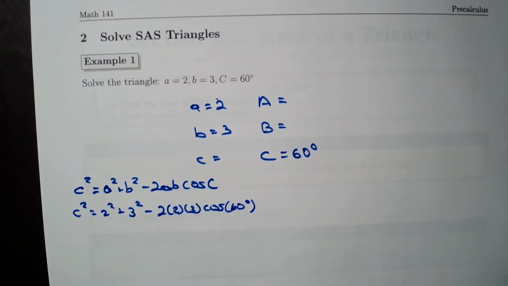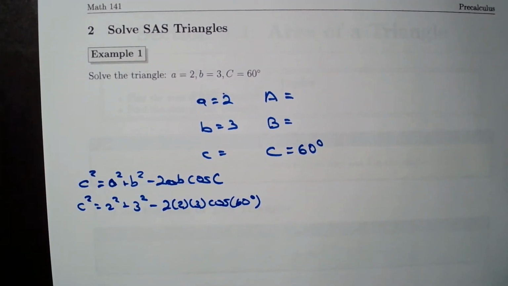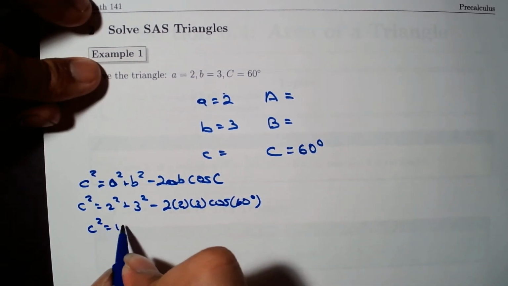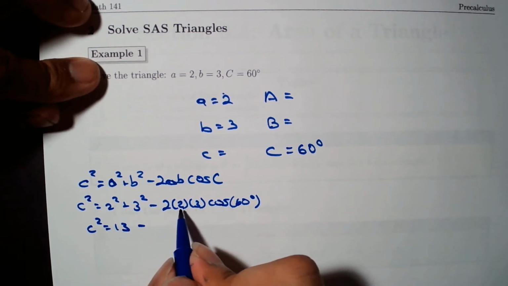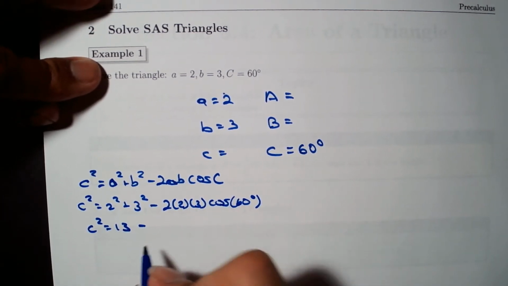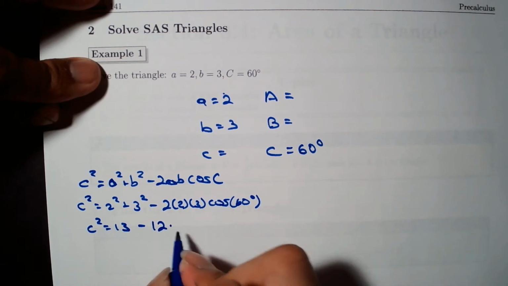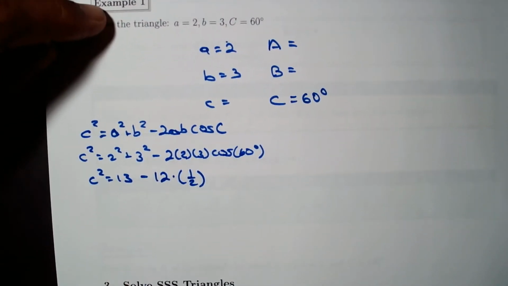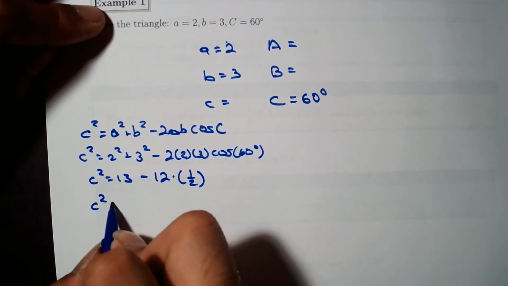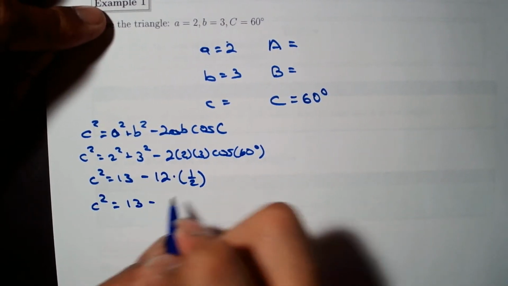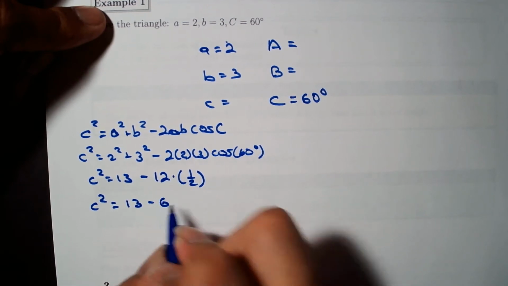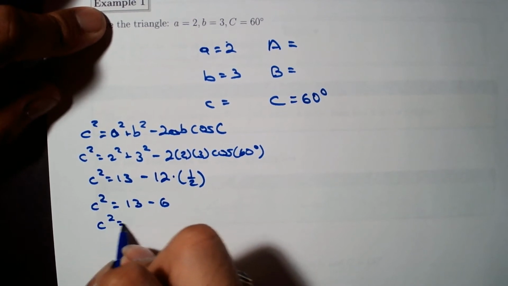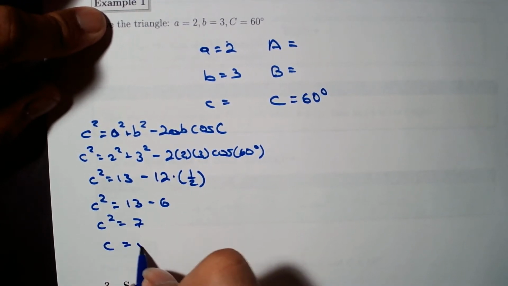Okay, so let's go ahead and simplify this. That's going to be 4 plus 9, that's 13, minus 2 times 2, which is 4, times 3, that's 12, times cosine of 60 degrees, or cosine of pi over 3, which is 1/2. So c squared equals 13 minus 12 over 2, 13 minus 6, which is 7, and then c equals the square root of 7.